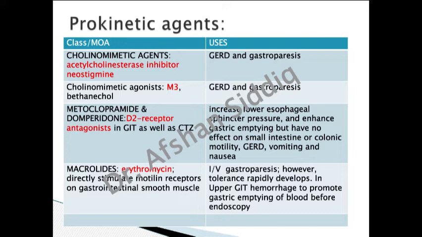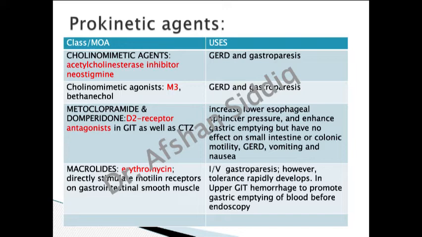Other cholinomimetics act directly as an agonist at the muscarinic 3 receptor, and the agent in this class is bethanechol. Again, it is used for the same purpose as the other cholinomimetic agents.